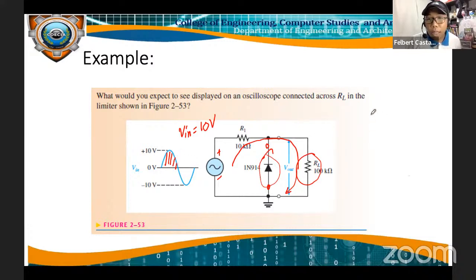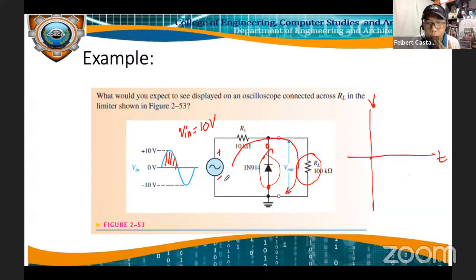Okay? So dito ang tinatanong, ano yung makita mo dun sa oscilloscope display? So, basically, output waveform. I-label natin siya. The vertical axis, or y-axis, is our V out or VO, against time.